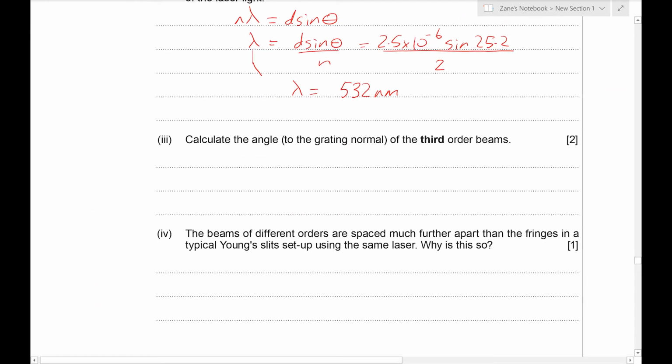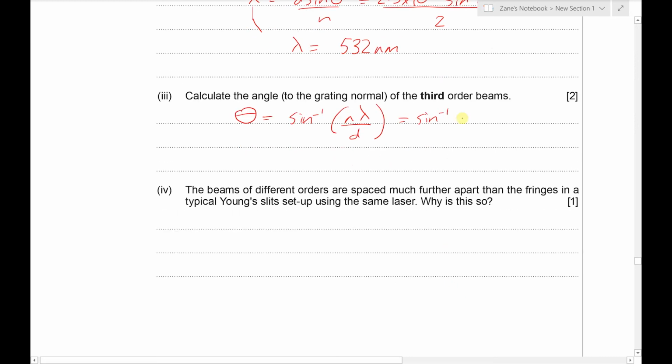The next part of the question asks us to find the angle for the third order beam. So if we rearrange the equation, theta is going to be sine minus 1 of n lambda over d. So sine minus 1 of 3 times that same wavelength, 532 nanometers.